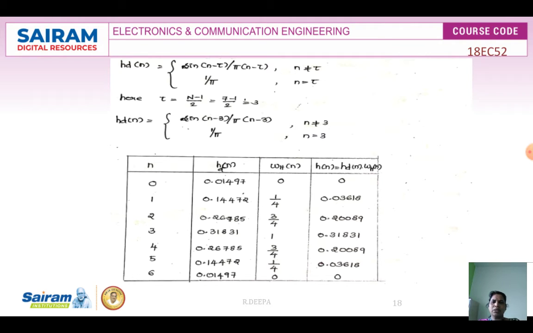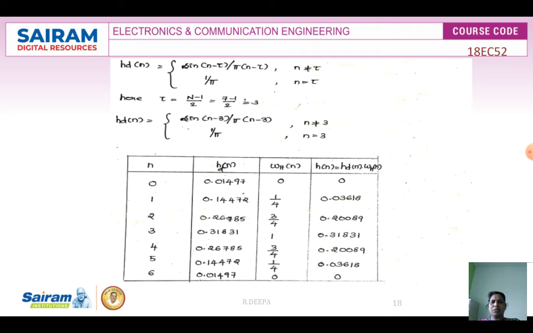M is 7, so 7 minus 1 by 2 is 3. In the next step, let us summarize Hd of n. Hd of n is equal to sine of n minus 3 divided by pi into n minus 3 for n not equal to 3, and for n equal to 3 it is 1 by pi.